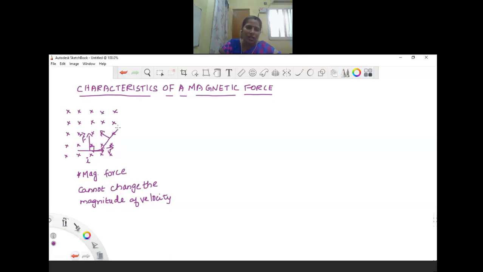The direction alone is changing here. So now this is the direction of the charged particle and this is the direction of the force. And again, because of this force, the velocity is changing like this, and again the direction is changing.